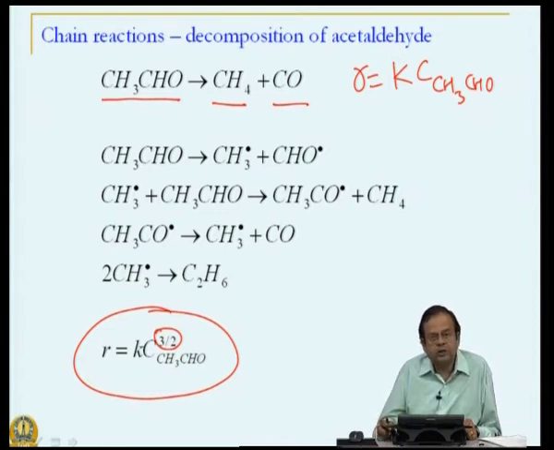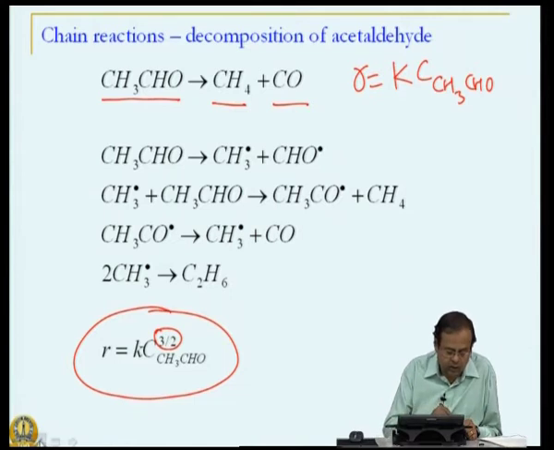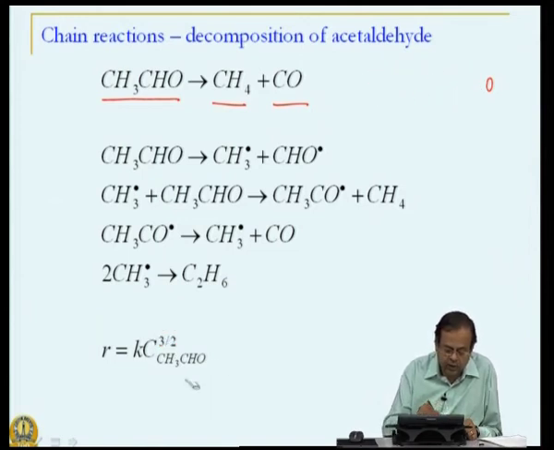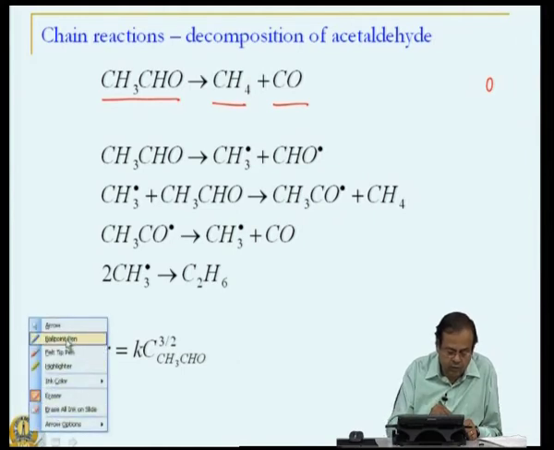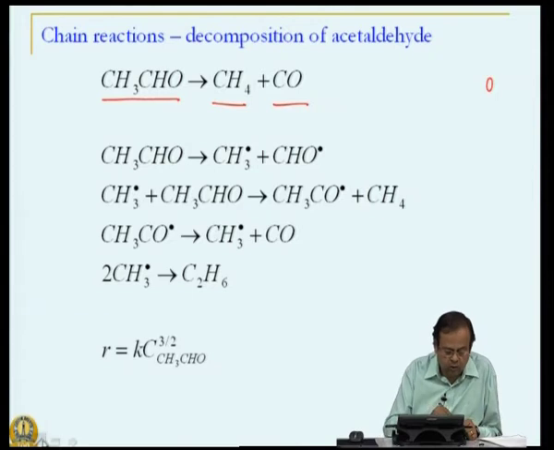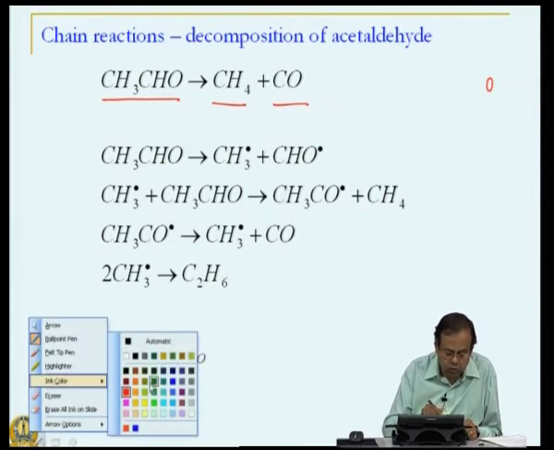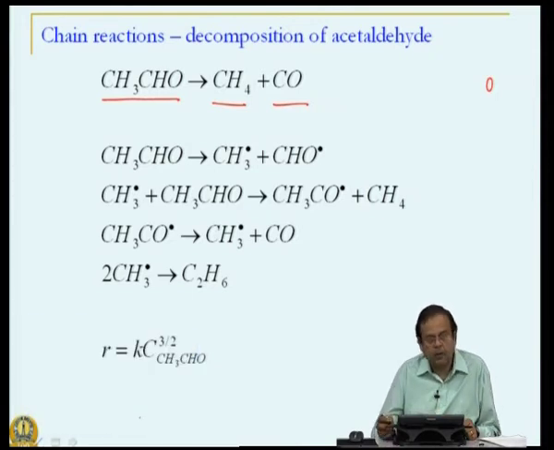A clear indication that it is not a simple reaction, and in fact this reaction takes place through several steps. Let us look first at the mechanism, and it is an example of a closed loop sequence. That will also tell us why we call this a closed loop sequence.